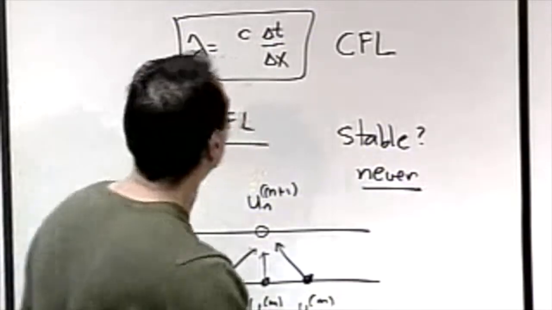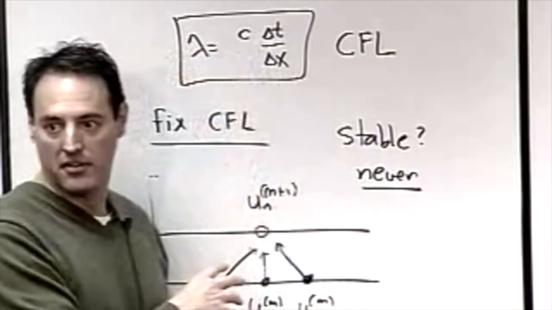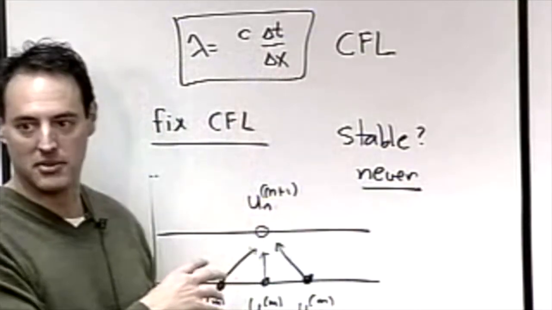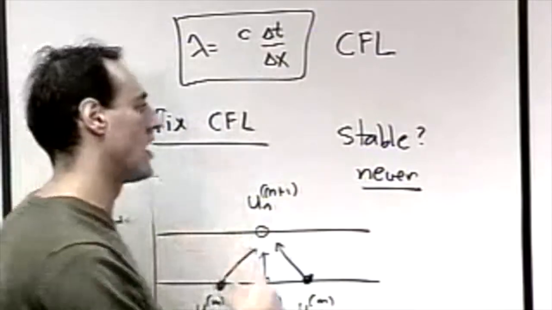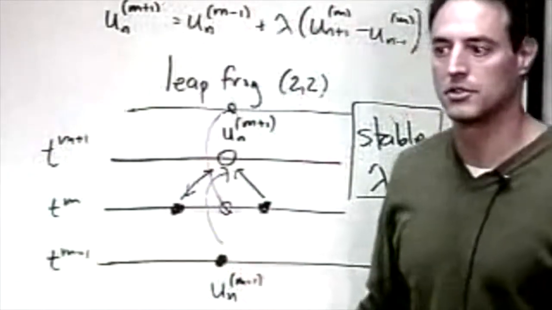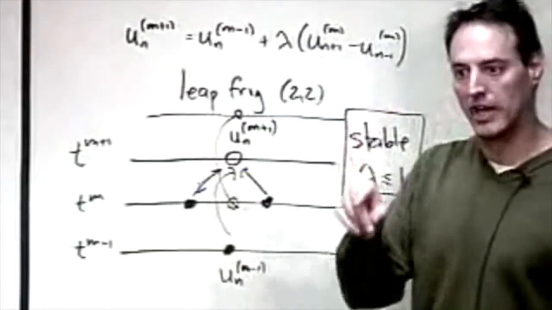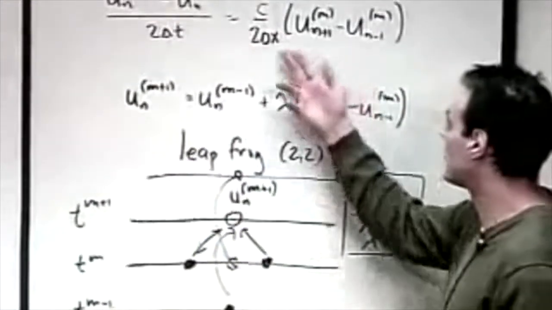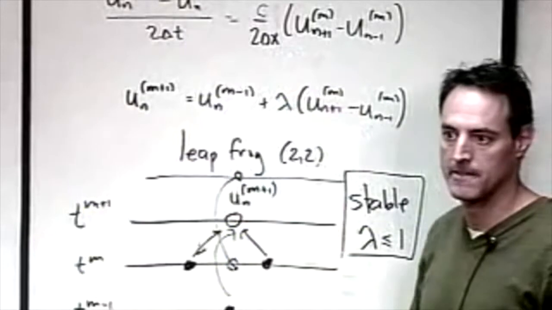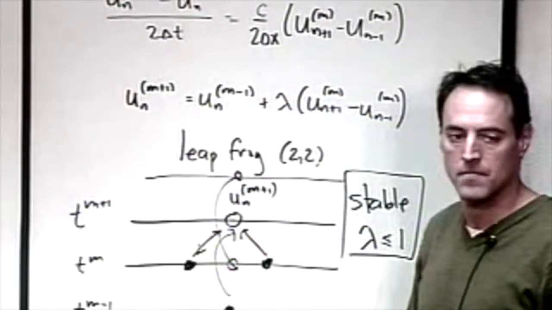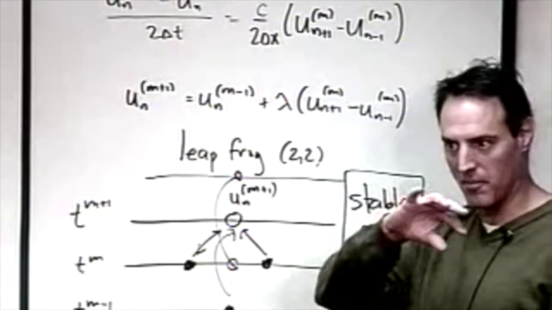Now, since we're going to jettison this method, because it's unstable, this one works nicely. Suppose I want to improve accuracy. One thing you can do to improve accuracy is to say, well, I could take smaller delta x's, because that will give me a better accuracy.